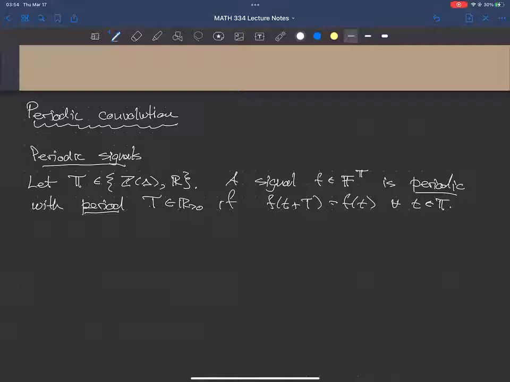Okay. So some elementary observations about periodicity. If we're in the discrete time case, then the period has to be a discrete time as well. In other words, the period has to be an integer multiple of delta, of course.